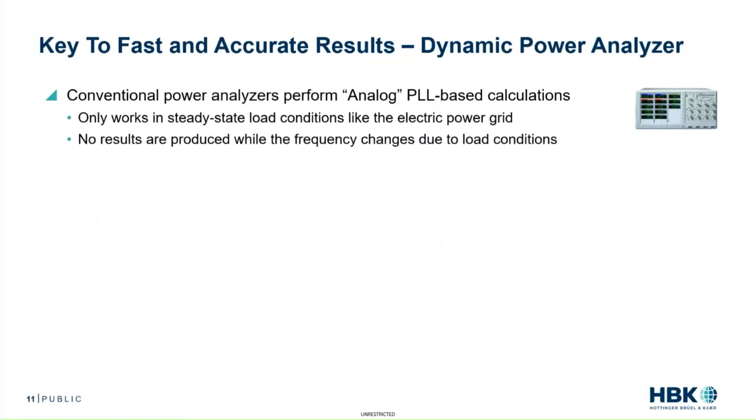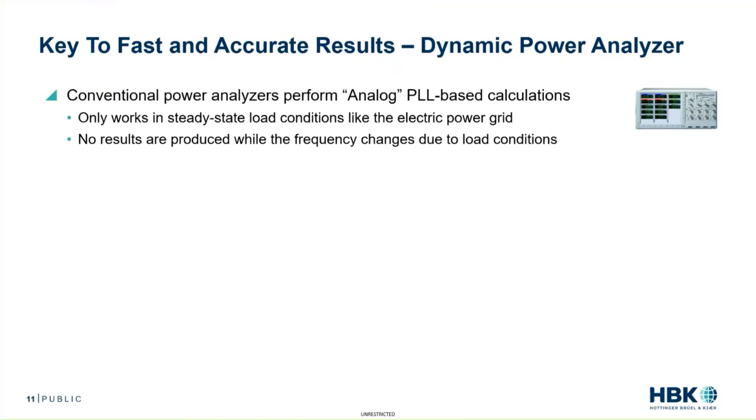It performs an analog PLL, or phase lock loop, based calculation. It was designed for steady state or electric grid power measurements, where the frequency is pretty much steady at 50 hertz or 60 hertz, whatever the grid frequency may be. It's relatively steady, so it's able to make those measurements quite nicely.